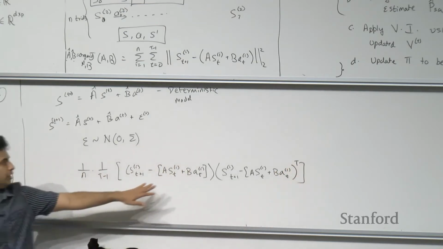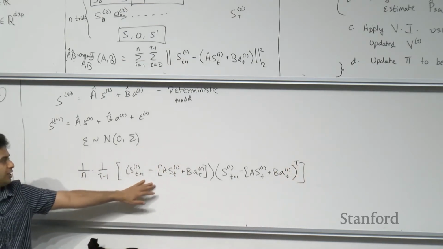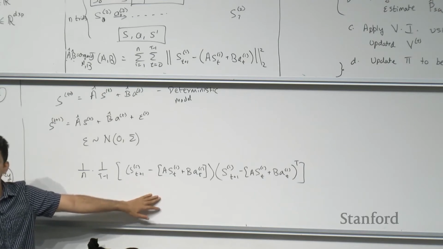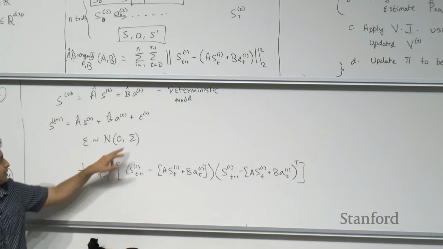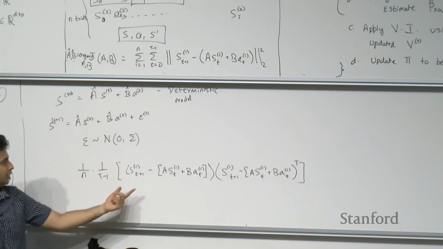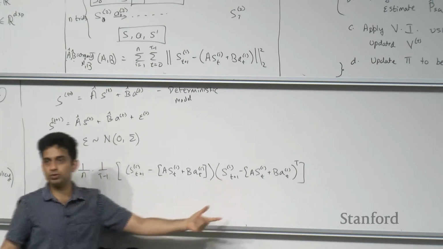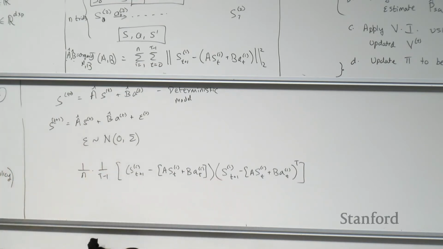If you've done this with GDA, this is something you should be familiar with, which is that the maximum likelihood estimate of a covariance is just the residual times its transpose, across all the examples.